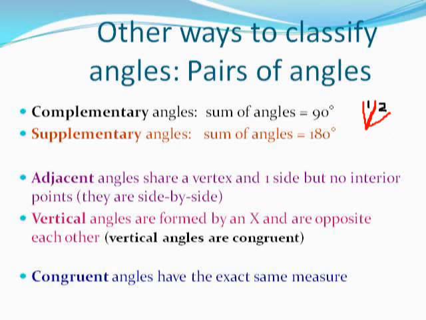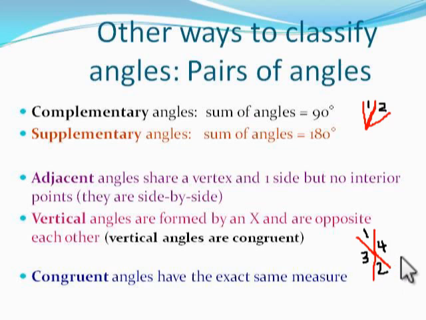Vertical angles are angles that are opposite. They form an X, so we have an angle here and we have an angle here. And again, if I numbered those, that would be angle 1, angle 2. Angle 3 and angle 4 are also vertical, as you can see.